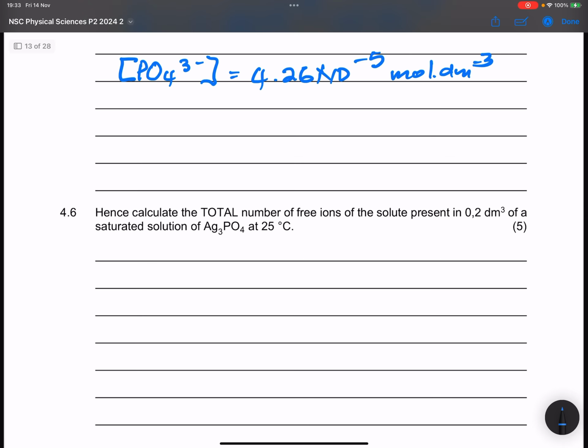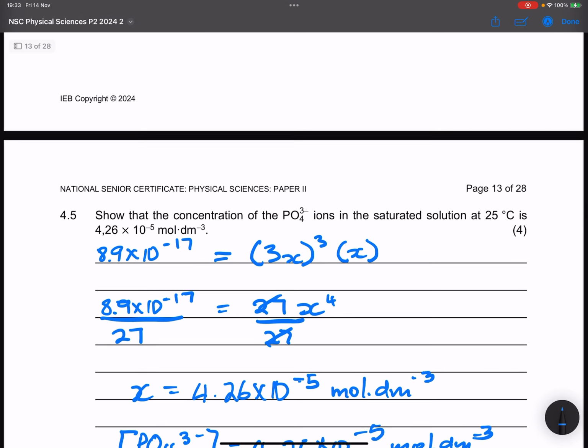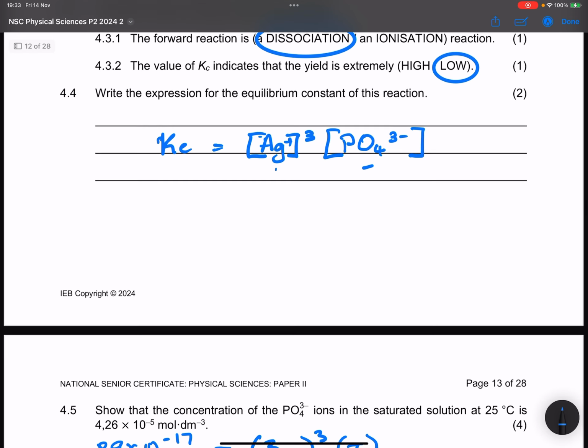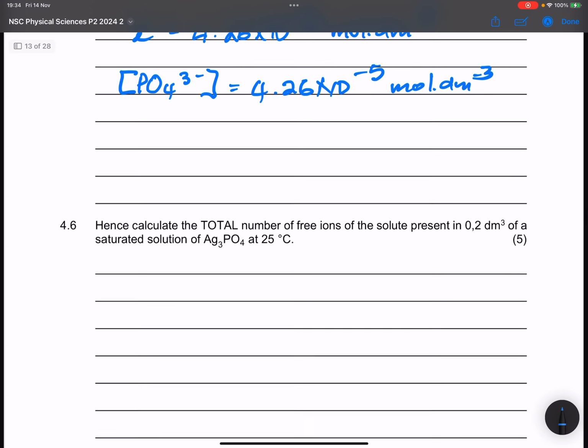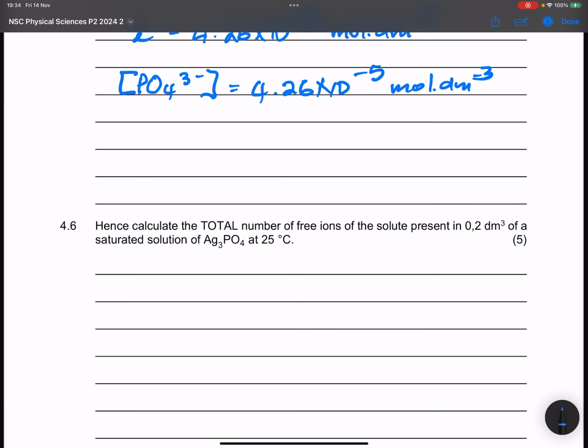And now they say, hence calculate the total number of free ions of the solute present in 0.2 cubic decimeters of a saturated solution of silver phosphate at 25 degrees. Now remember, we've got phosphate ions, but we also have silver ions. We know that we've got 3 times as many silver ions. The number of moles, for phosphate ions only, PO4 3-, is concentration times volume.